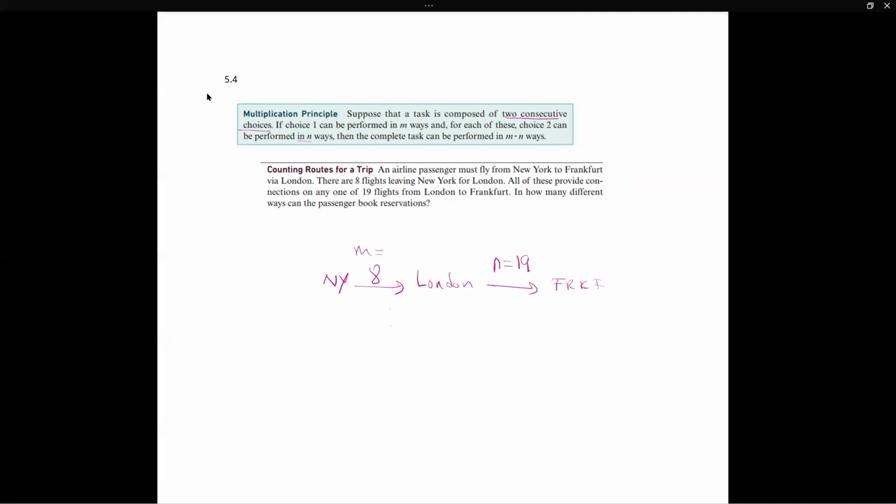Well, here it's m times n, which is 8 times 19, right? And this can also be generalized, of course, if you have multiple steps, like 3 consecutive choices. Okay, so we'll finish this one here, and thank you. Once you work on this, you'll see more.